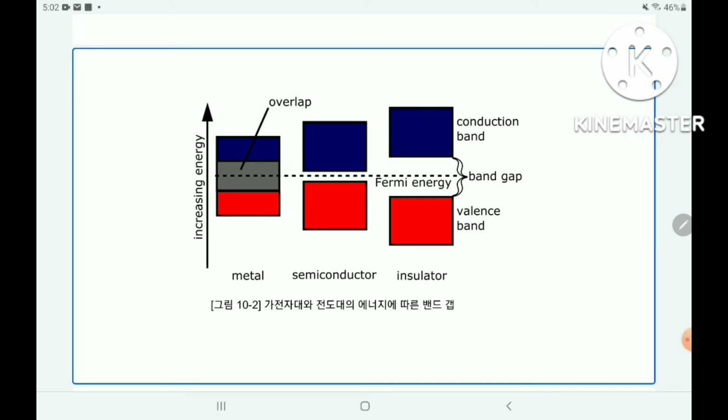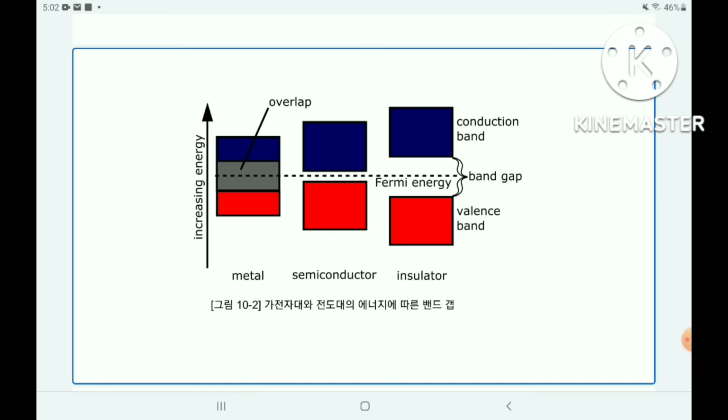At high temperature, the valence electrons must overcome the band gap energy to flow to the conduction band region. In an insulator, the energy band gap is large compared to the thermal excitation energy, and therefore there is no population of electrons in the conduction band.